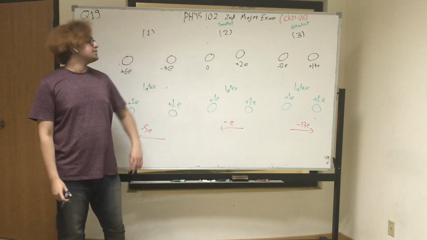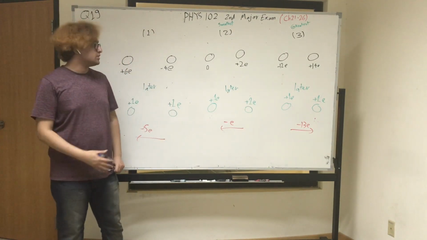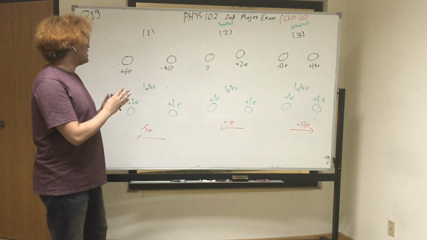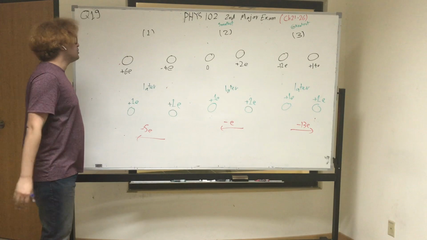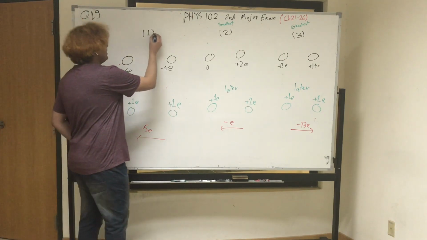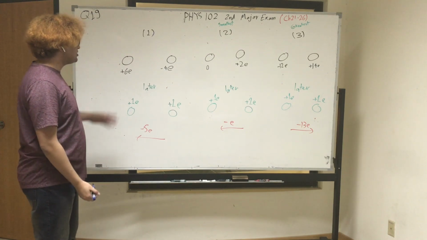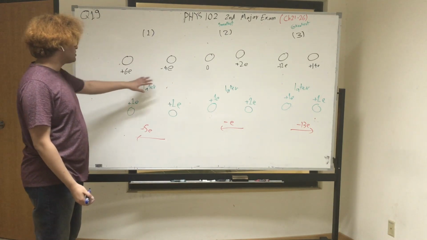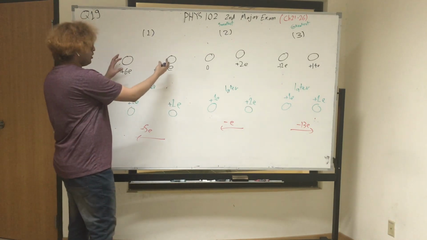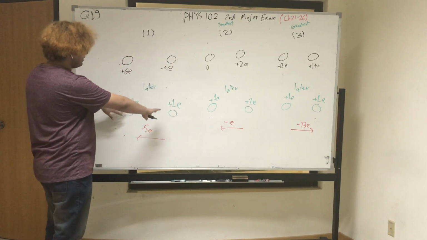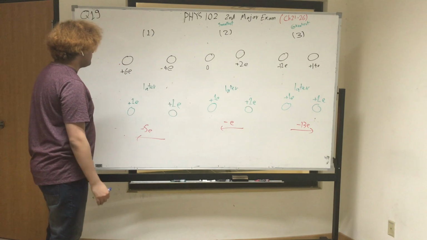Alright guys, so question number 19 is our second to last question, and it's a conceptual question. It's also a reasonable question. Okay, so in the question it says that initially we had two balls, then we took these two balls and let them touch each other, so to speak, and then separated them again.